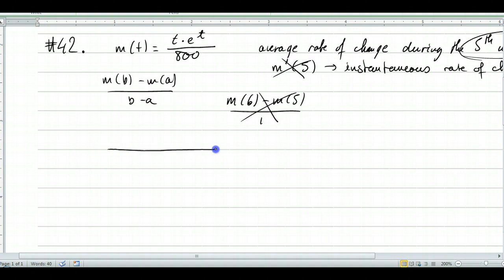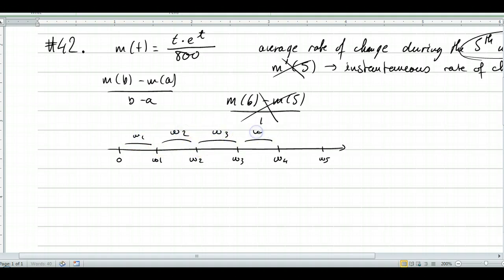Let's understand how it works. Here's a timeline. Here's time 0. Here's the end of week 1, the end of week 2, end of week 3, week 4, week 5.